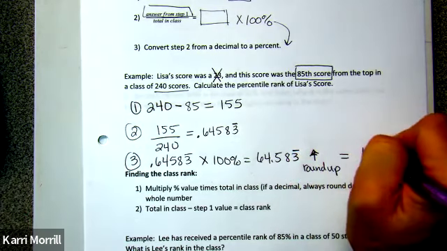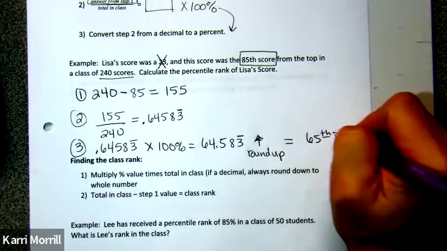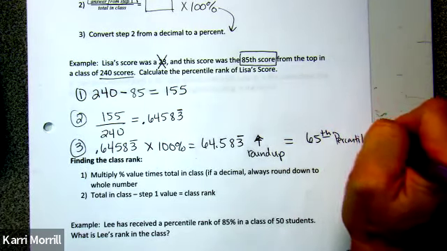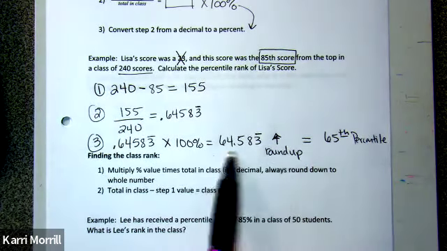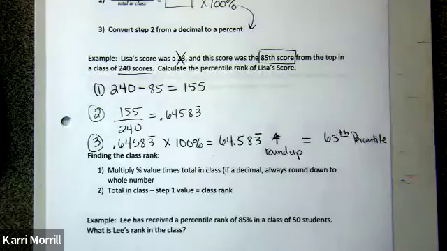So we would say the 65th percentile. Writing 65% is actually similar, because we changed it to a percentage, but in this section, because we're talking about rankings, they use the word percentile instead of a percent sign.